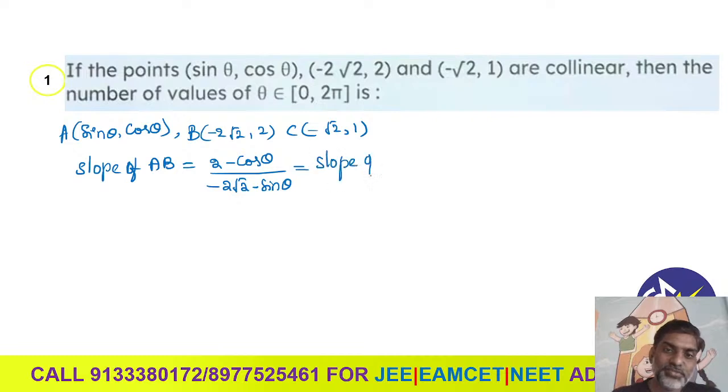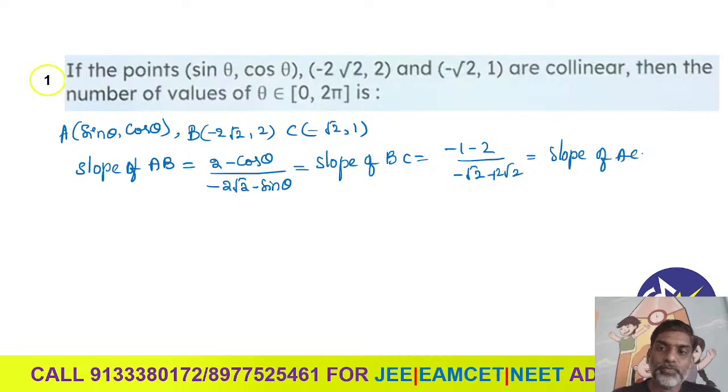What is the slope of BC here? Slope of BC is 1 minus 2 divided by minus root 2 plus 2 root 2, which equals the slope of AC. The slope of AC is 1 minus cos theta divided by minus root 2 minus sin theta.